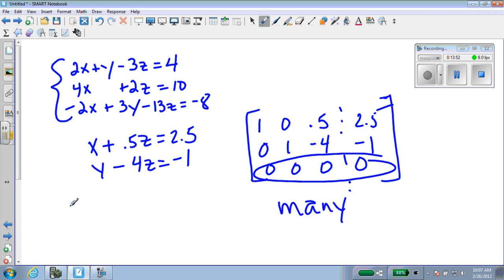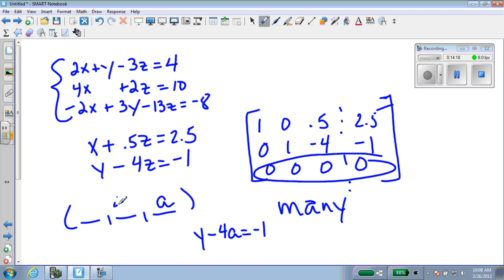And remember, when we do those, we pick a new variable. And I'm going to recommend choose z to be your new variable because you can plug it in and find y, you can plug it in and find x. So let's say that z is a, then y minus 4a is negative 1.